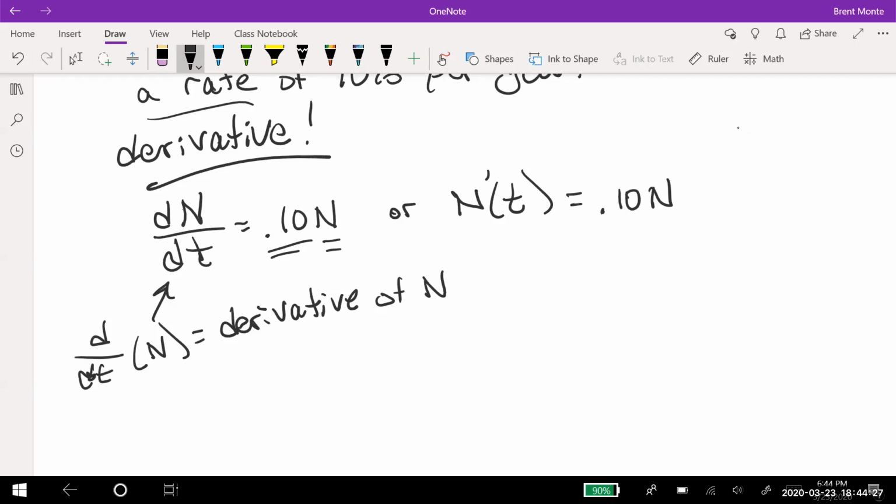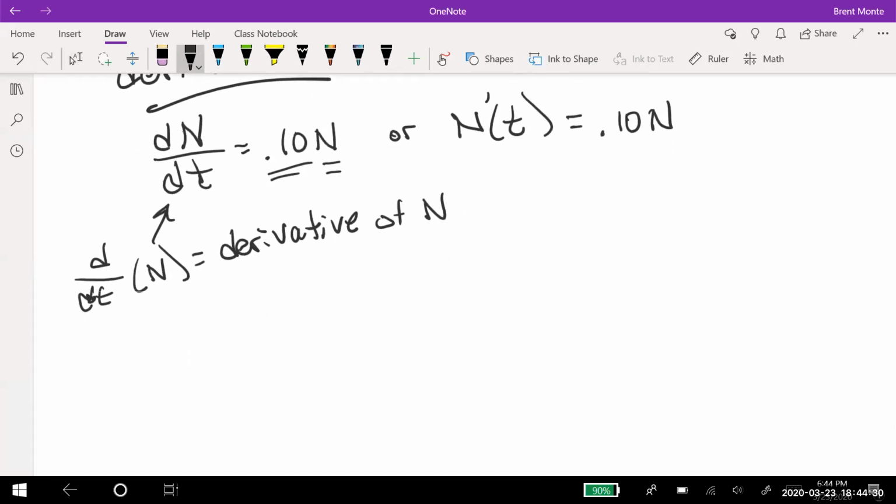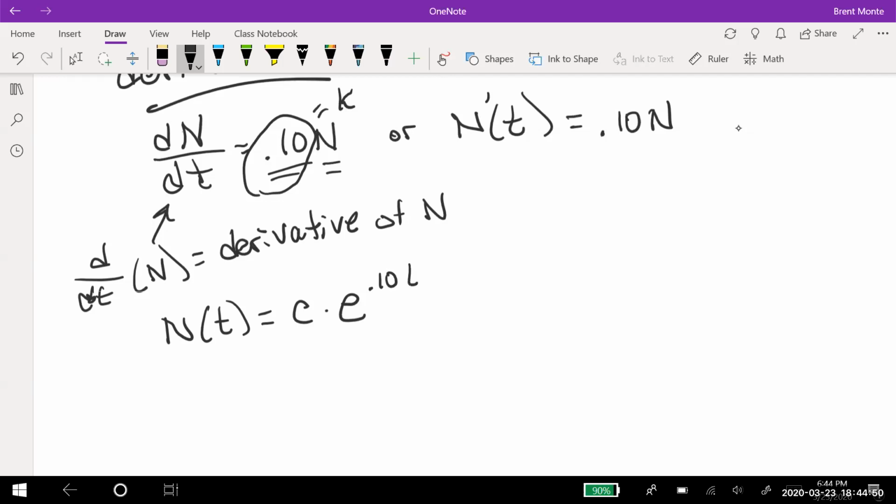So because it fits that form, we know that N of t has to be some constant times e to the kt, but in this case, that 10%, that is k, that's my growth rate. So it's e to the 0.10 t. And I've got my function immediately. If it grows as some constant times the original function, it has to be this exponential. All right, so that's where we are.